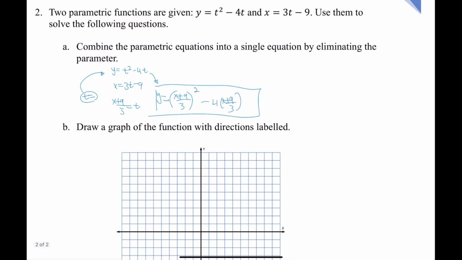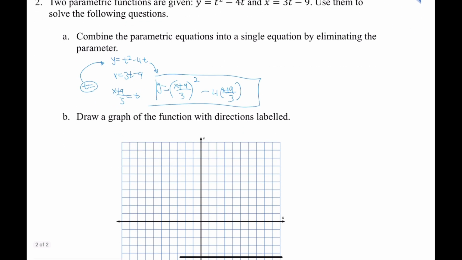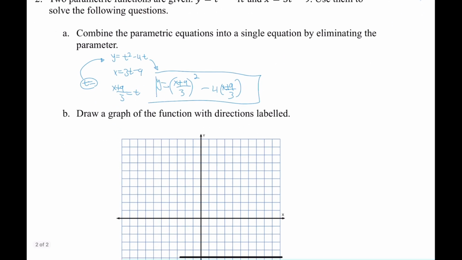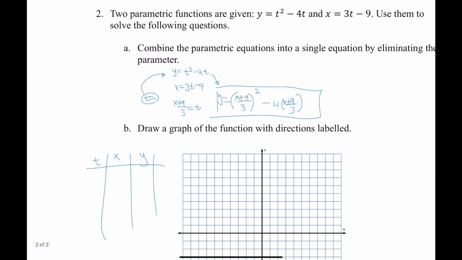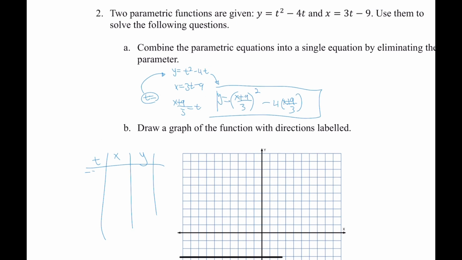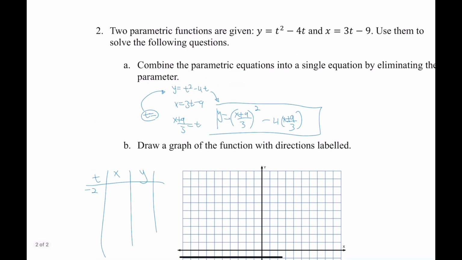And then it says draw a graph of the function with the directions labeled. So for this one, we can graph this using the y and x form, but we can also draw a little chart. So t, x, y. So when t is -2, what would be our x value? Our x value would actually be -15.